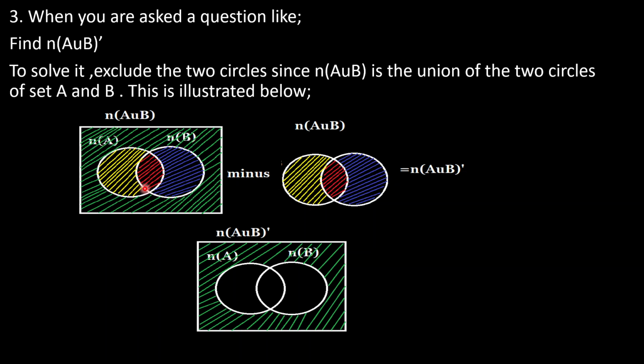Note that here region 4 was included. So the part shaded green, region 4, is the number of A union B complement.